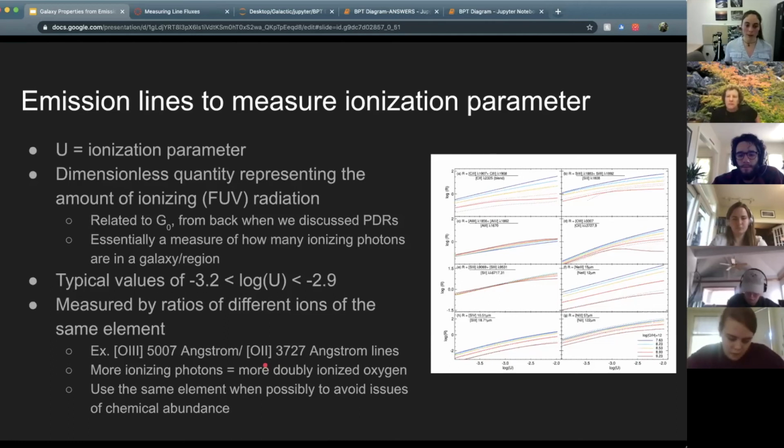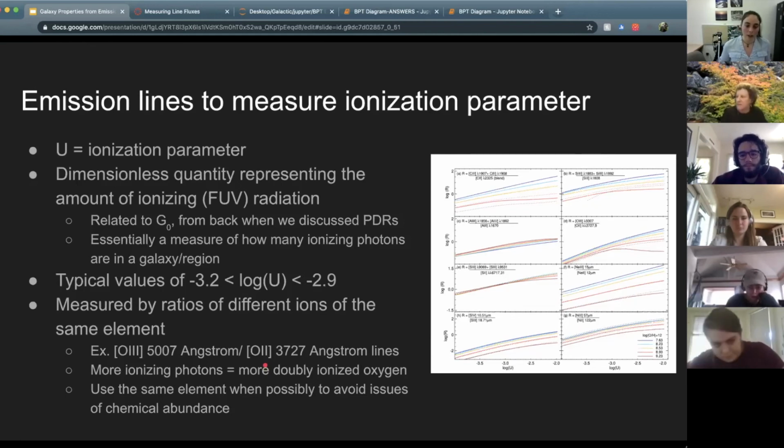You also want to use the same element because then you don't have to worry about abundance issues, so you don't have to worry about metallicity. You're only measuring one element, so there are no issues of different composition within your galaxy complicating your measurement of ionizing radiation.